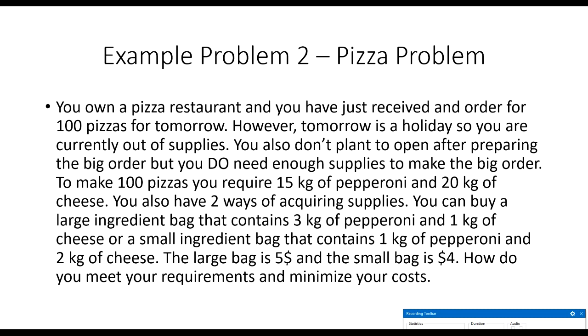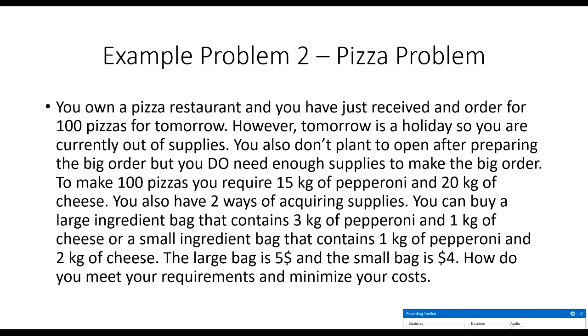So our large bag is $5, our small bag is $4. So our objective function is min z equals 5x1 plus 4x2. x1 represents the number of large bags, x2 represents the number of small bags. Now, we also know that we require 15 kilograms of pepperoni.